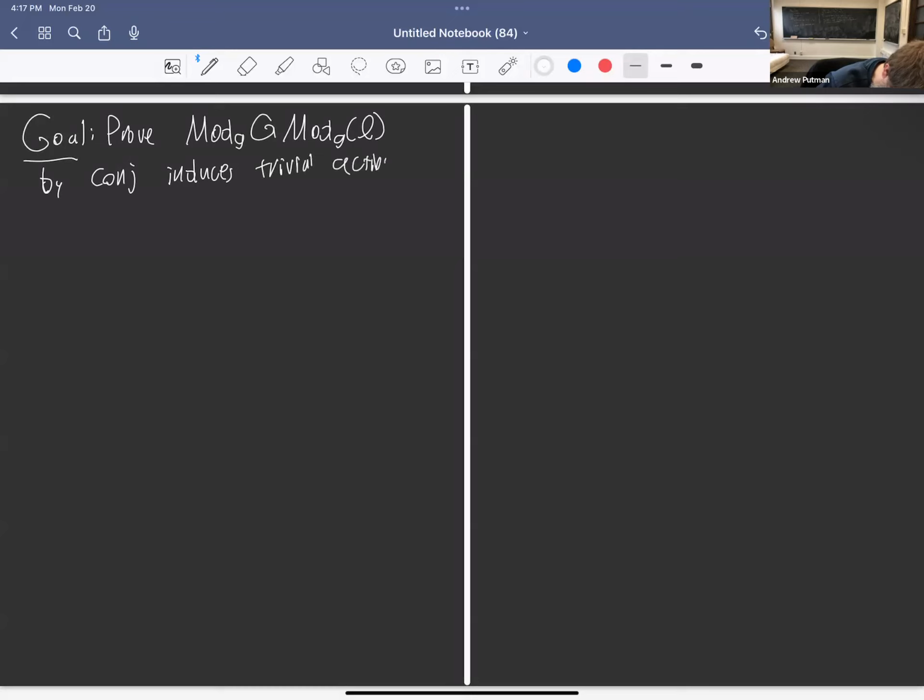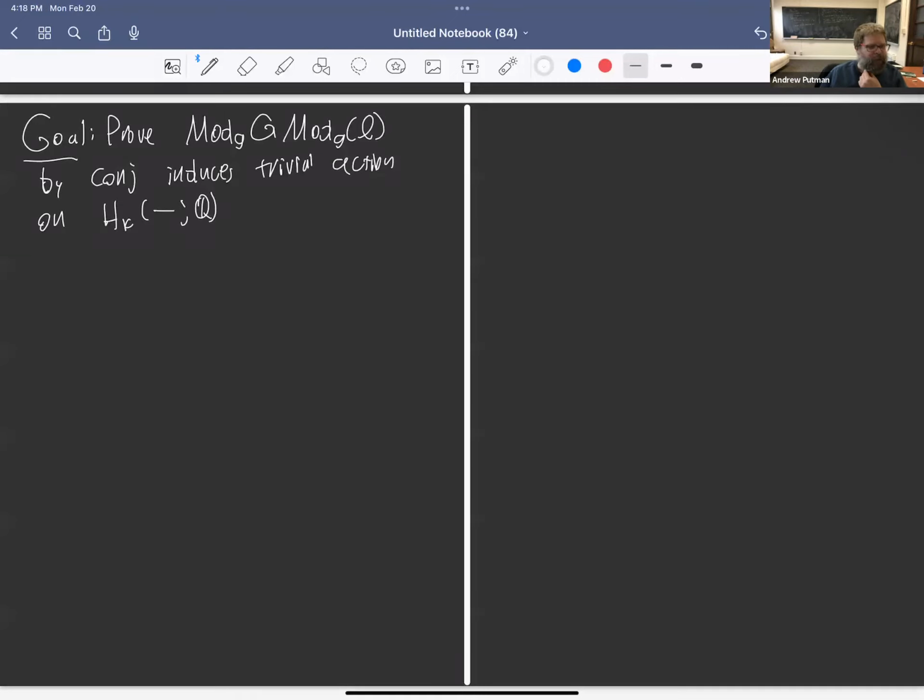So my goal is to prove that the action of the mapping class group Mod(G) on Mod(G[L]), that action right there by conjugation, induces the trivial action on, say, the kth cohomology with rational coefficients in some range, right?